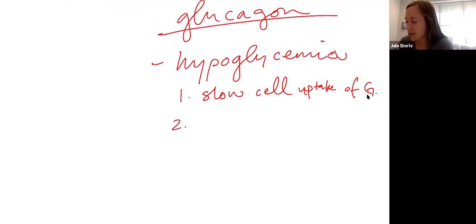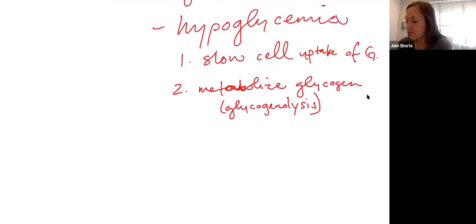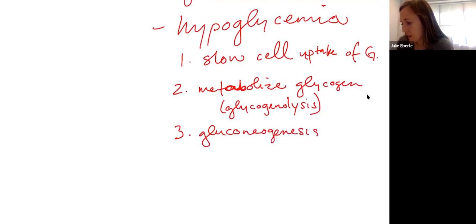So it's going to slow cellular uptake. It's going to metabolize or break down glycogen. So this is glycogenolysis. We're going to run gluconeogenesis.